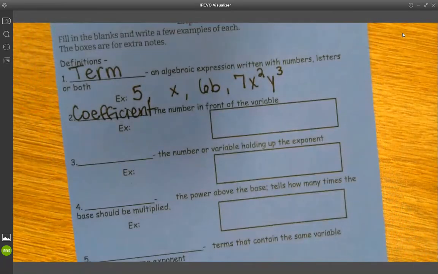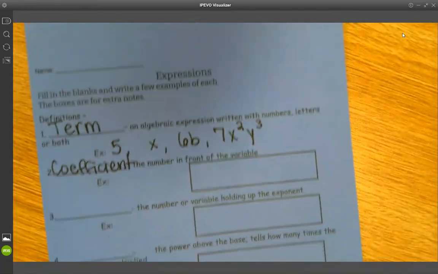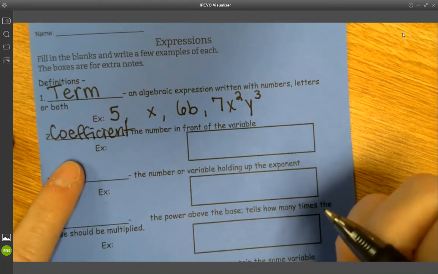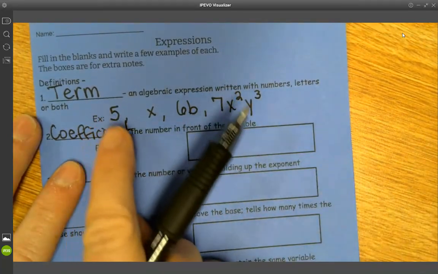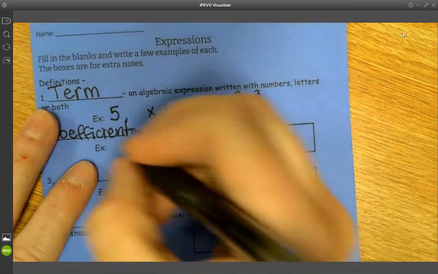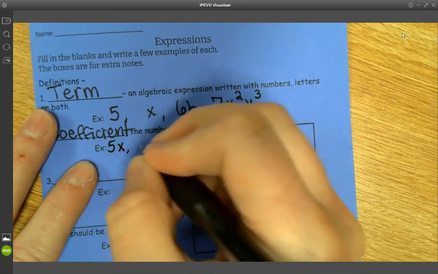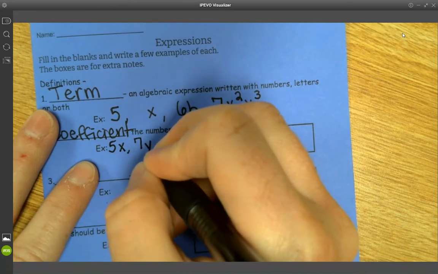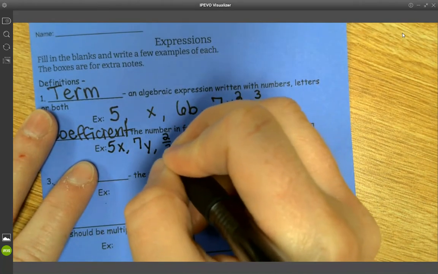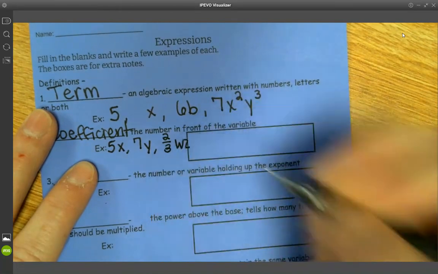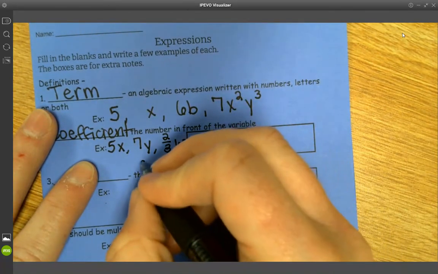Let me move this out of the way. So a coefficient is anything that's in front of the variable. So let's say we have 5x, 7y, 2/3 wz, and then abc.